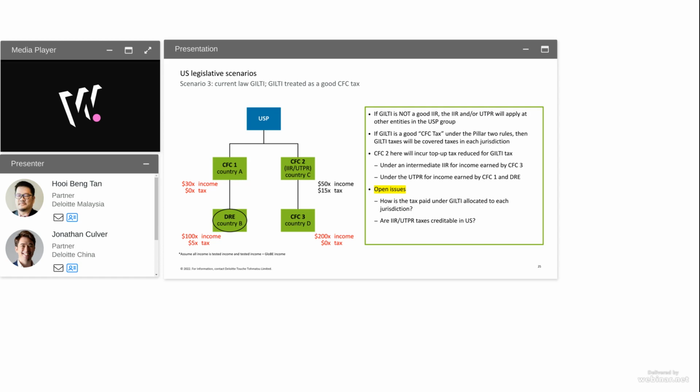Now, definitely the allocation of these taxes would be an issue in terms of timing as well as the method of allocation, given that the GILTI is a worldwide blending regime, whereas the Pillar 2 rules operate on a country-by-country basis. There's certainly some open issues about how those mechanics would work.